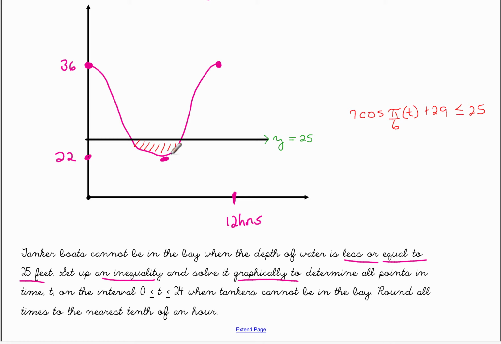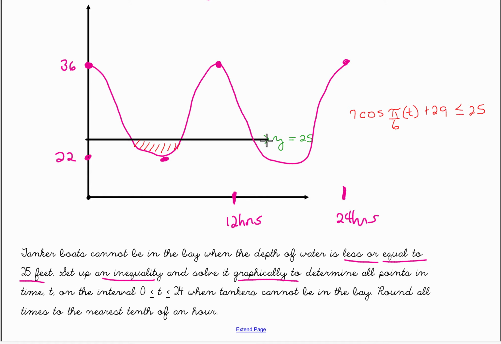Our graph right here only goes up to 12 hours. If we add on another 24 hours, I'm going to have to kind of shove it in here. There's 24 hours.